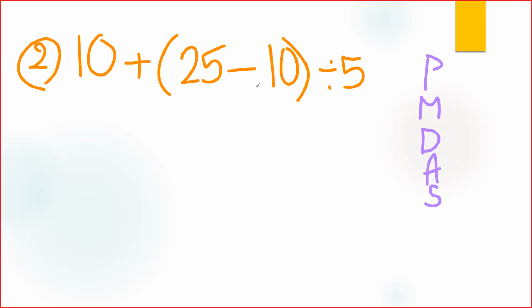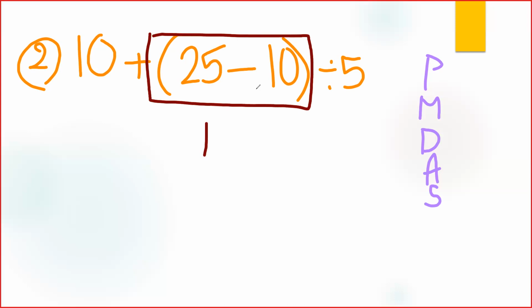Bravo. 25 minus 10. Because there's a parenthesis, I need to solve the expression inside the parenthesis. 25 minus 10 is 15. Bravo.